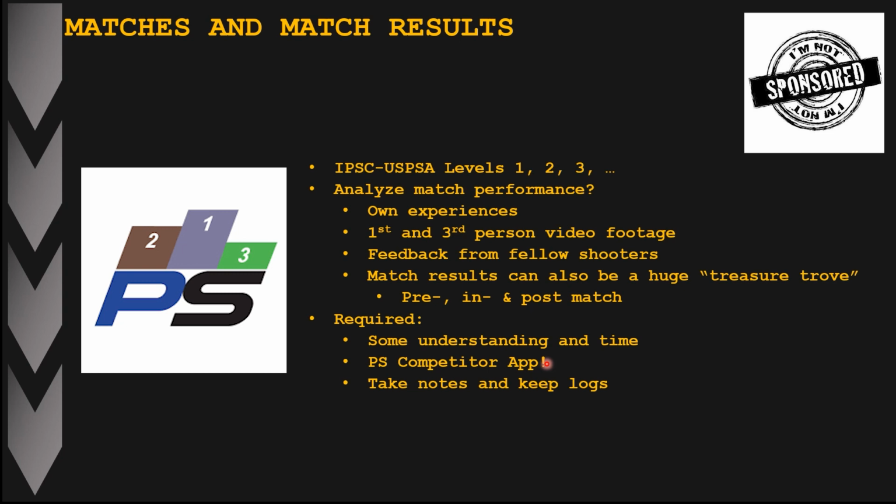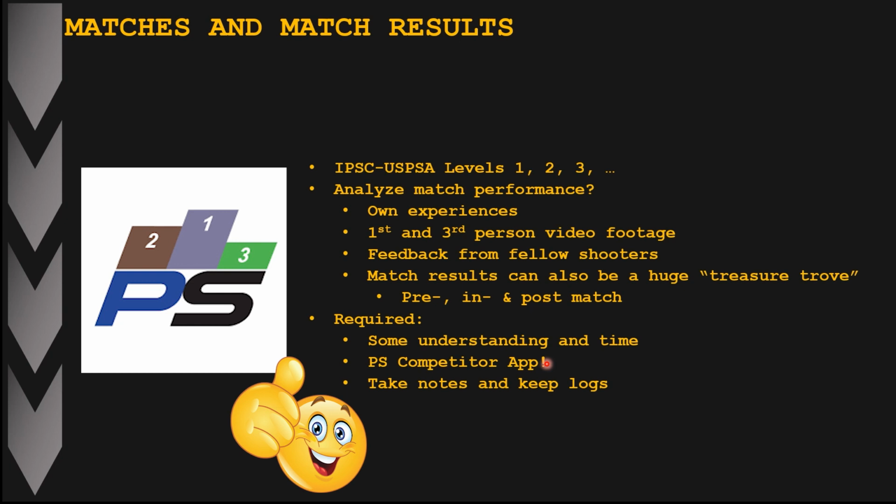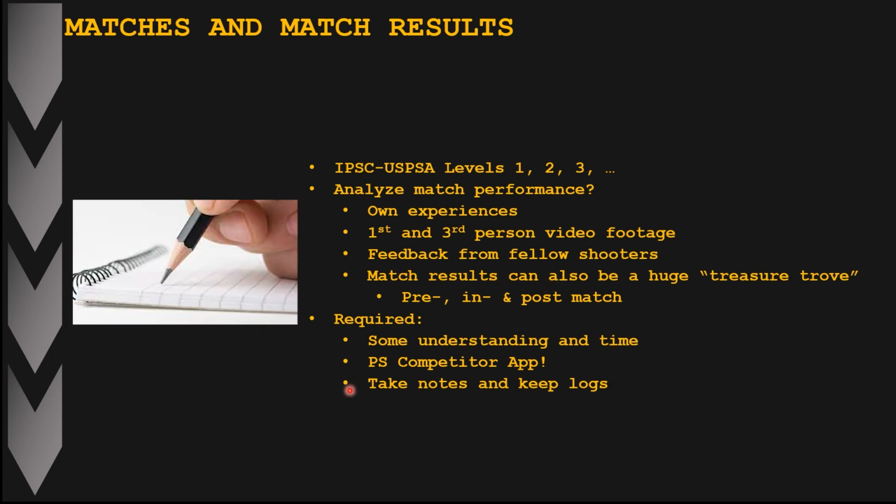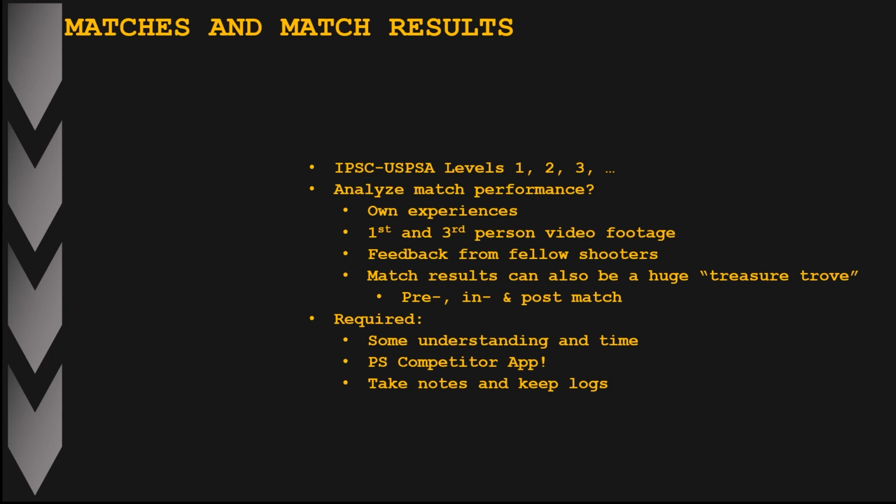I think in Europe it costs around 10 euros, and it's a super great tool that provides a lot of possibilities to track and also afterwards analyze your match results. And obviously the app is great, but you still need to take some notes and keep some logs either on paper and or on your computer.